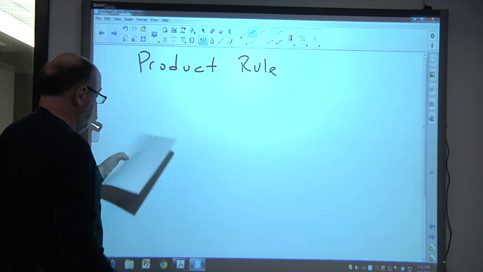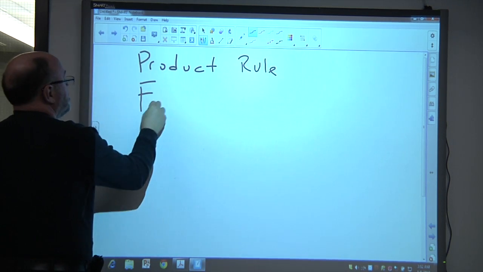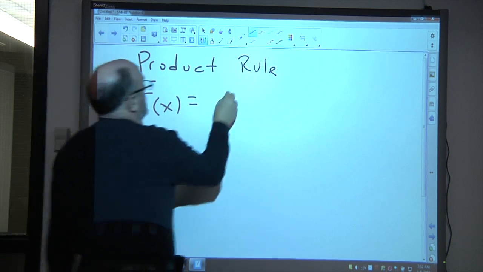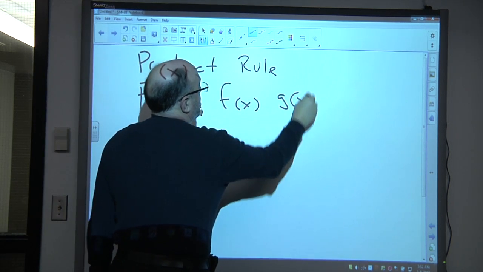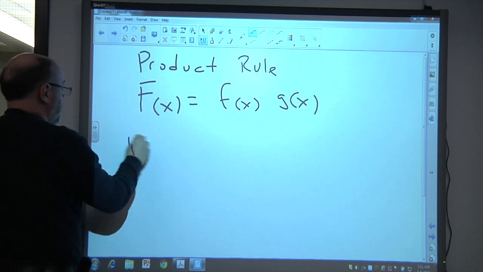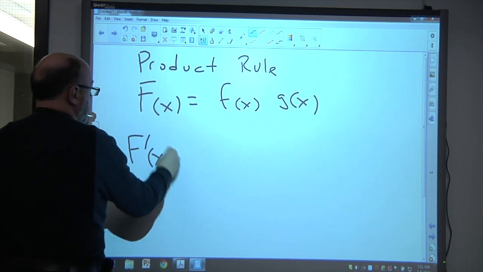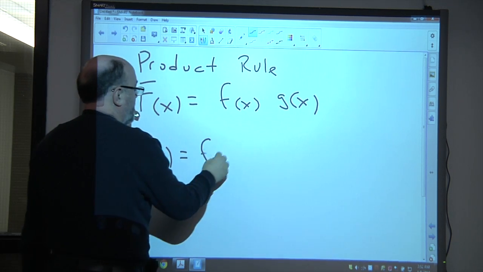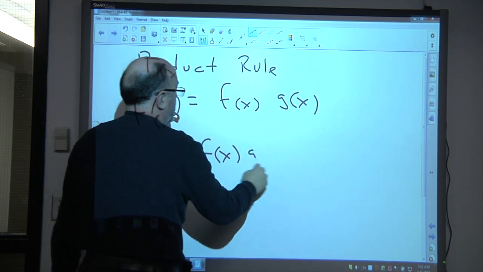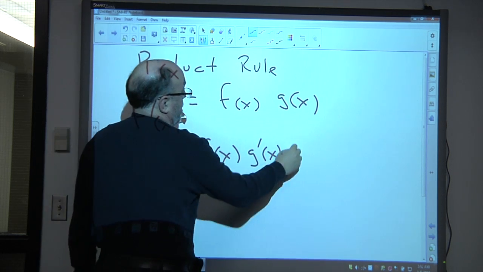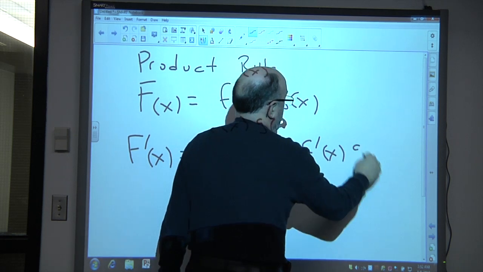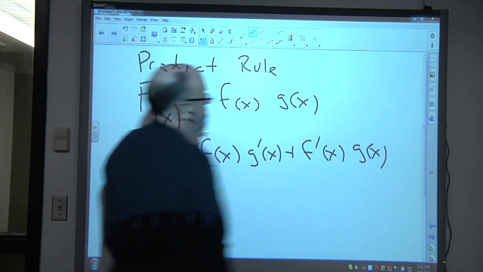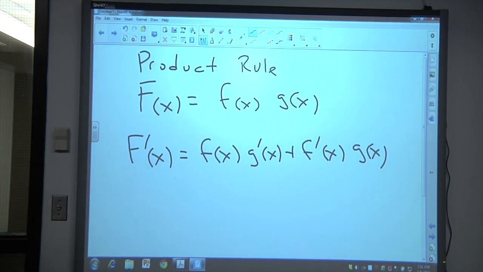If my function, and we use capital F, is given by little f of x times g of x, then my derivative is given by f of x times the derivative of g, plus the derivative of f, the first one, times the second one. And that is our product rule.